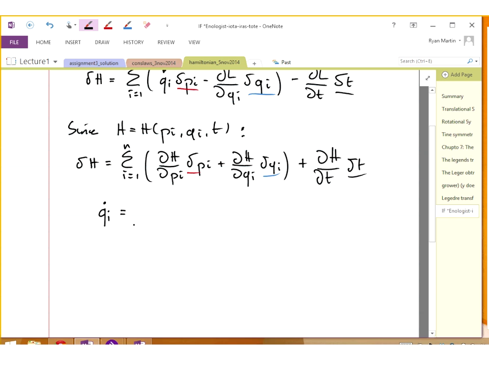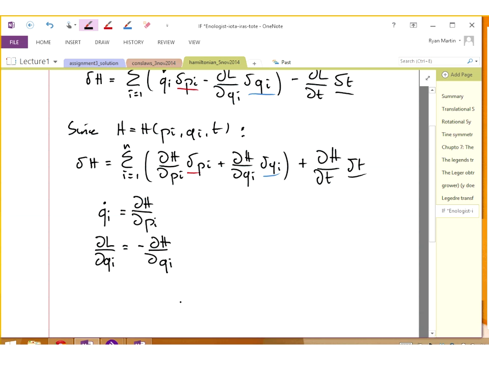So what we find is q_i dot is equal to ∂H/∂p_i. We find that ∂L/∂q_i equals minus ∂H/∂q_i.